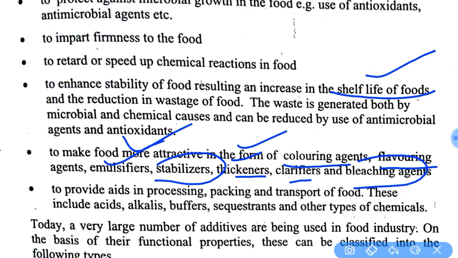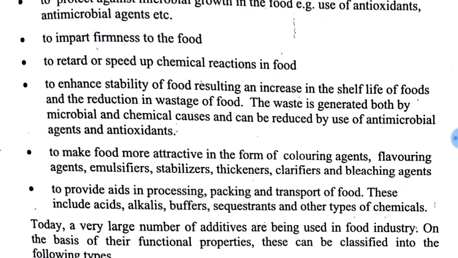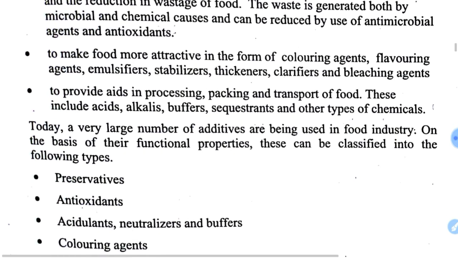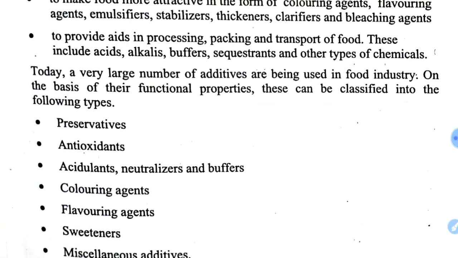Then to provide aids in processing, packaging, and transport of food. These include acids, alkalis, buffers, sequestrants, and other types of chemicals. We will understand everything about all these things. A very large number of additives are being used in the food industry on the basis of their functional properties.